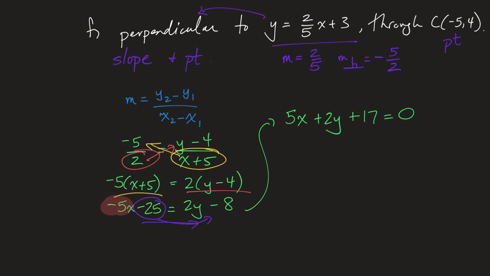However, you didn't have to put it in standard form, like I asked you to early in the problem, but if I asked you this question on a test, then I would have a bunch of people that would take this line right here and they would go in a different direction. Instead they're going to get the y all by itself. So my 2y is on one side, my negative 5x is on the other side, and I now have to get rid of a minus 8, so I'm going to add 8.